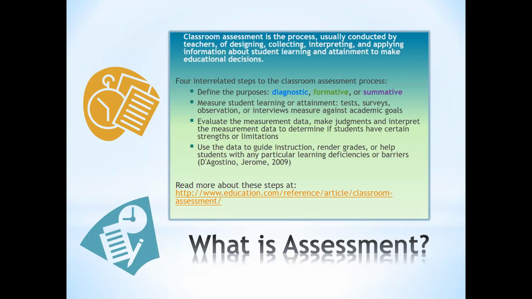Evaluate the measurement data, make judgments, and interpret the measurement data to determine if students have certain strengths or limitations. Use the data to guide instruction, render grades, or help students with any particular learning deficiencies or barriers.